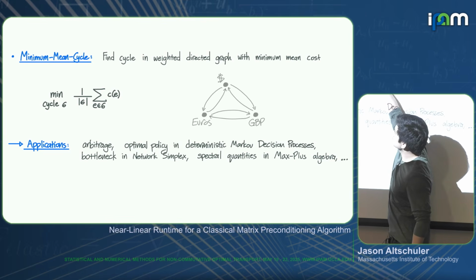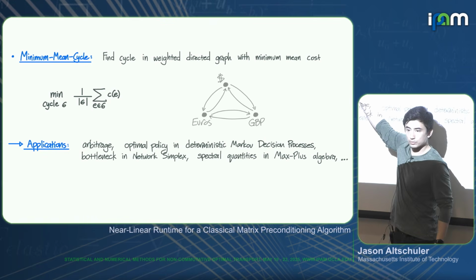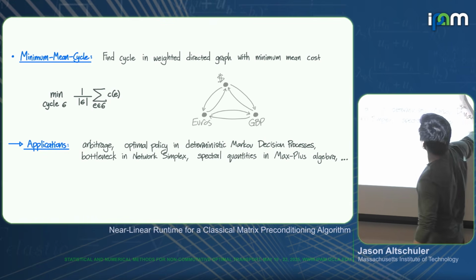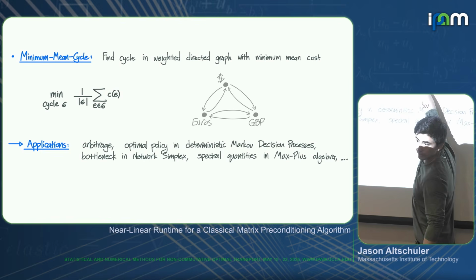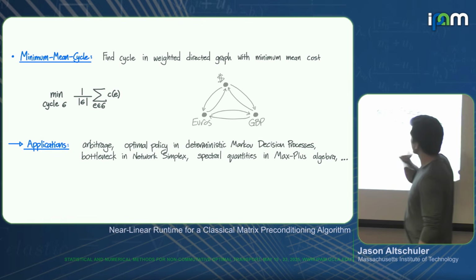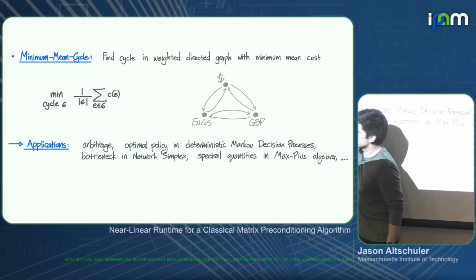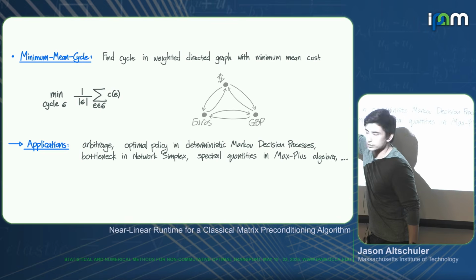Can you find a cycle for which the average cost is minimal? So I sum up my costs along each edge. I average, and that's what I want to minimize. OK, this has lots of applications for those who like finance. This comes up in arbitrage, and I'll explain that in just a second.